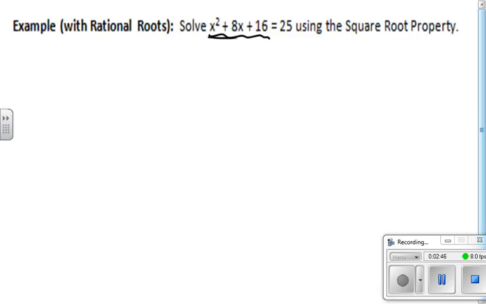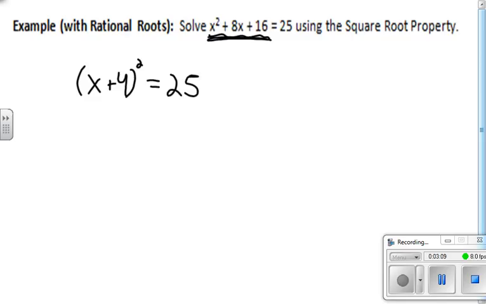When we factor x² + 8x + 16, that's going to become (x + 4)(x + 4), so we could just call that (x + 4)², and we have that it still equals 25.